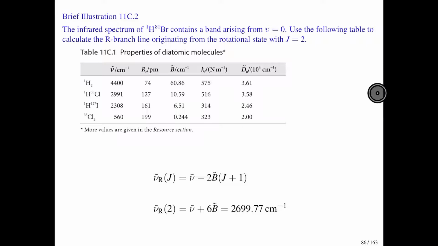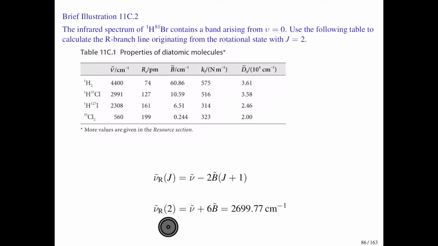Let's see, what are we doing here in this problem? In this problem, what they want us to do is to take the parameters for hydrogen bromide, and you would have to go look in the resources section to get the extended table that would have the entry for hydrogen bromide. Take those parameters, take the rotational parameter, and then use that to calculate one of the R branch transitions.